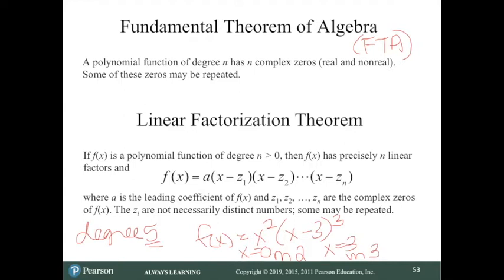So I have 5 zeros, it's just that they are 0, 0, 3, 3, and 3. So they repeat, but there are still 5 of them, okay? And this counts as a linear factor because it would be x plus or minus 0. So when we're talking about linear factors, we just mean that all of the factorization should be completed, so I don't have any second or third degree polynomials as factors anymore.